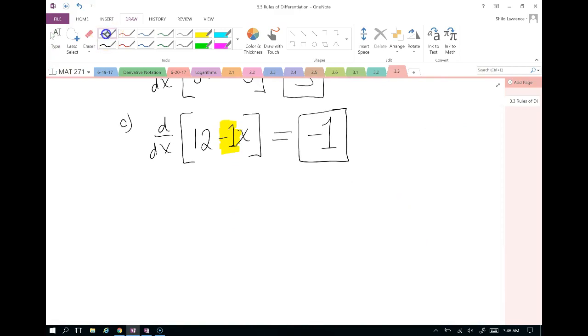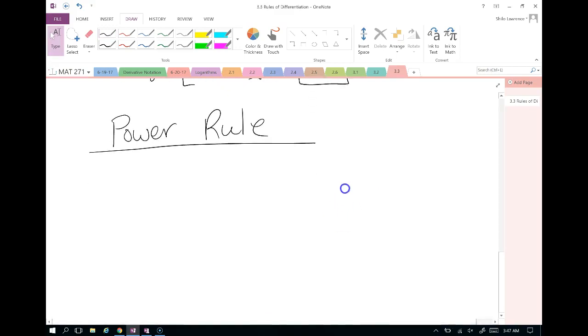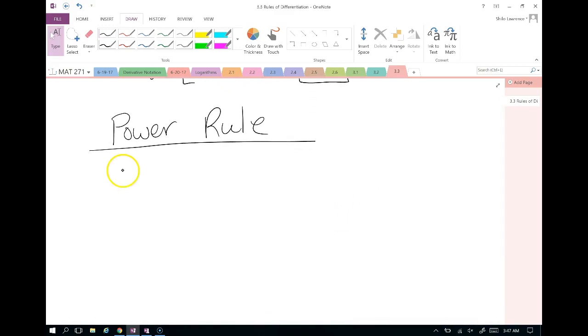One of the most important rules that you're going to use over and over and over again for all of the calculus classes that you're going to take from here on out is called the power rule. And we're going to use this for lots of different types of functions that look really different, but they all are going to end up having something in common.